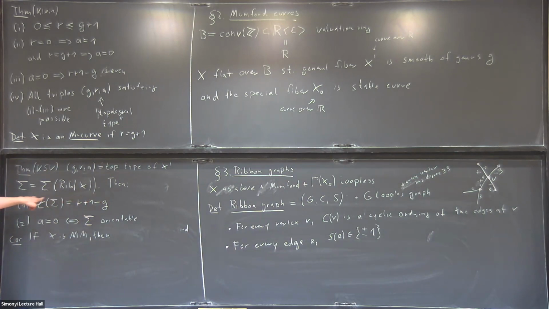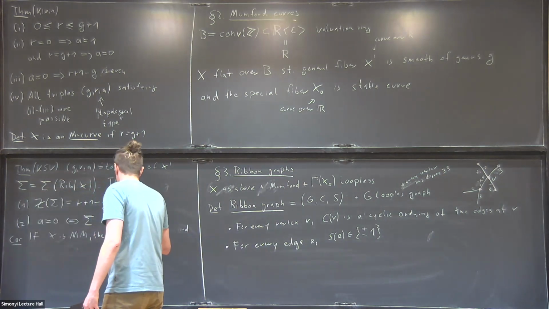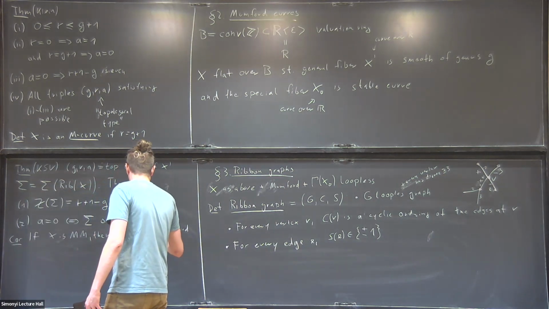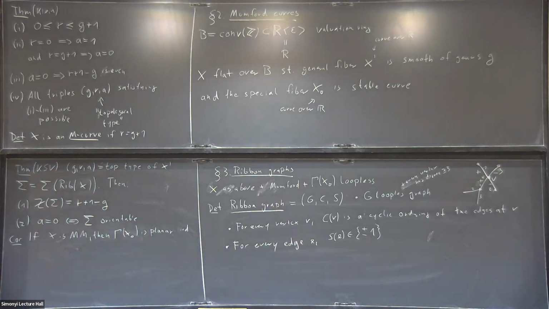So the Euler characteristic must be 2, and there's only one compact surface with Euler characteristic 2, which is the sphere. So the graph must be embeddable to a sphere. And this must be a planar graph.